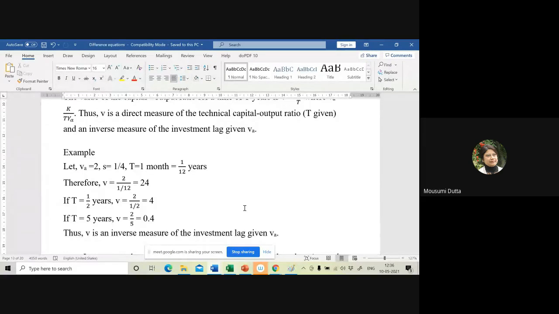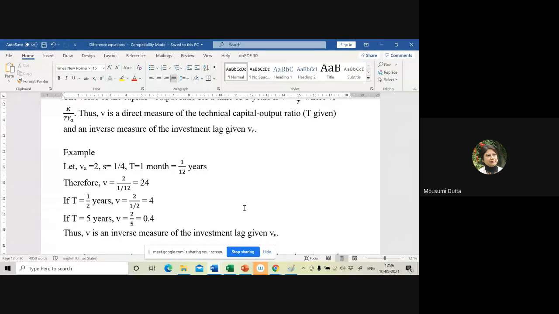If the length of the project, or the gestation period of the investment, increases, in that case, for a fixed capital output ratio, it is possible that V is continuously falling.